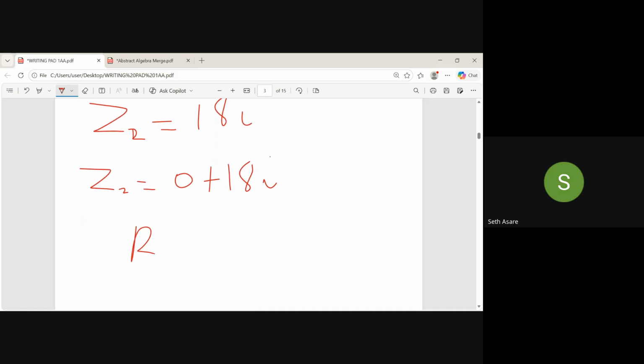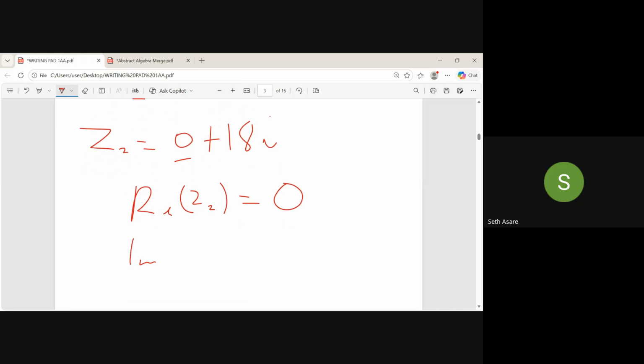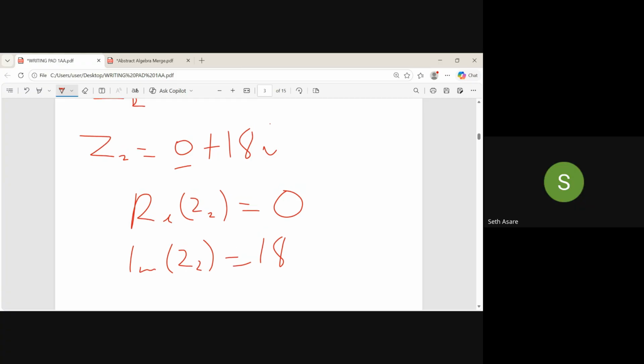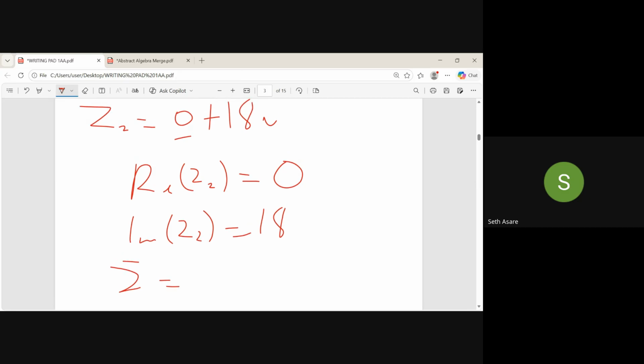So what is the real part? The real part is 0. Then the imaginary part will be 18. Then what will be the conjugate here? What will be the conjugate?